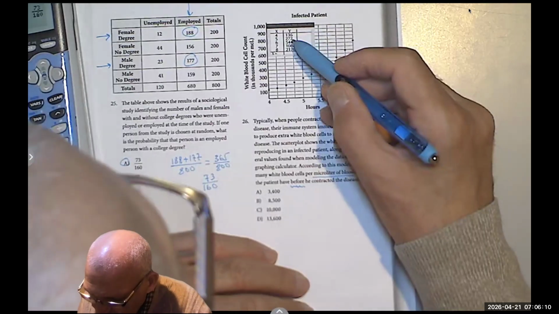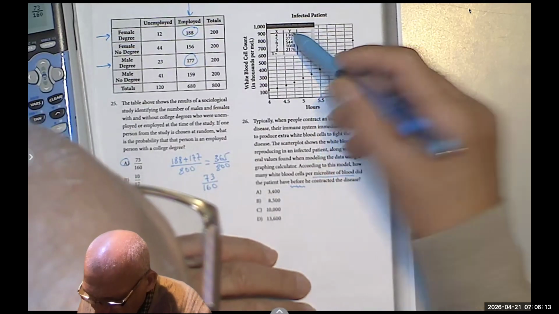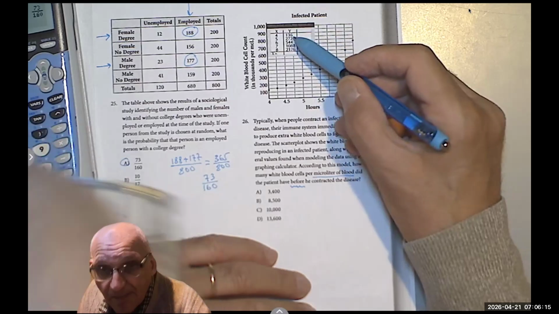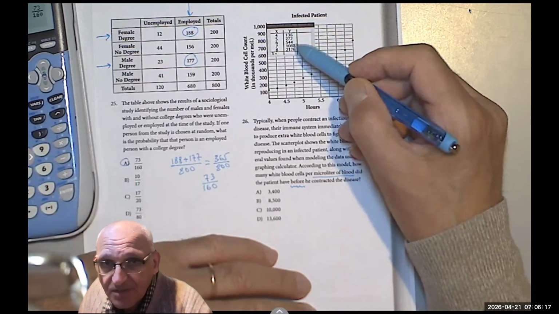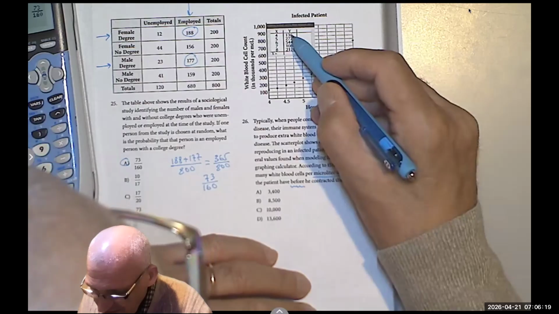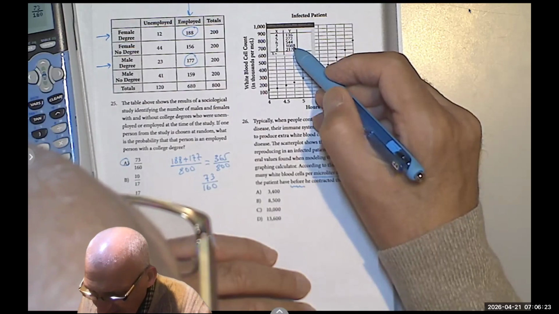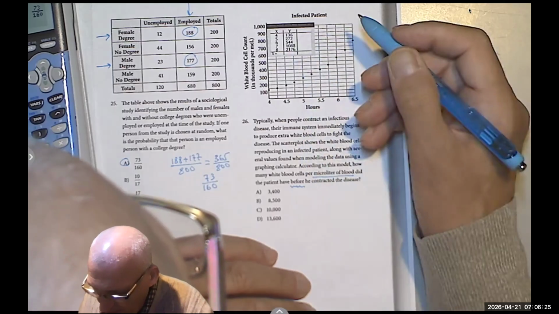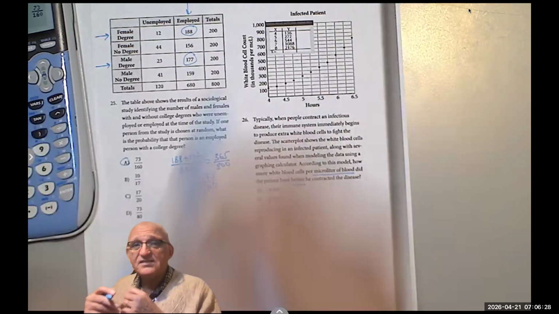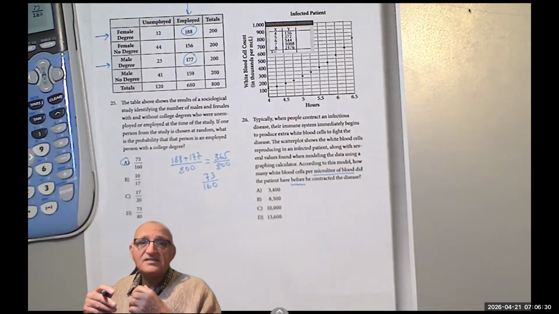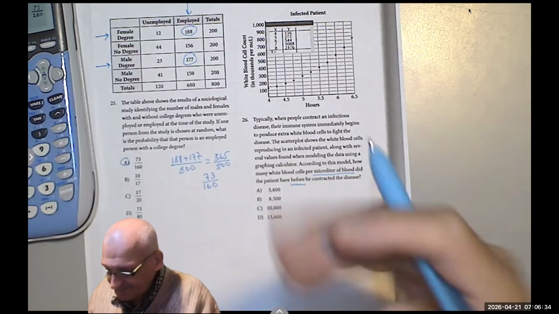Well, when you use your calculator, I saw it right away, is that these numbers double. 136 times 2 is 272, times 2 is 544, times 2 is 1088. So the number of white blood cells doubles every day or every hour.